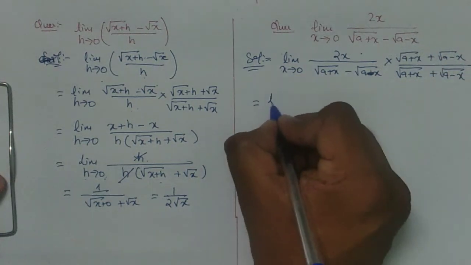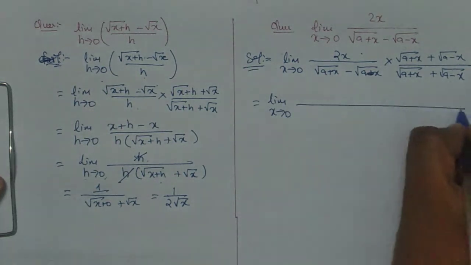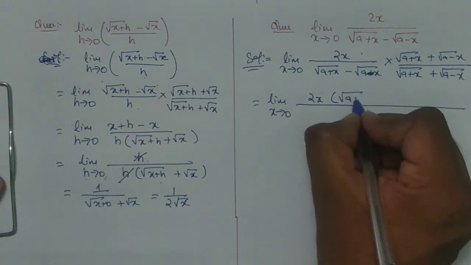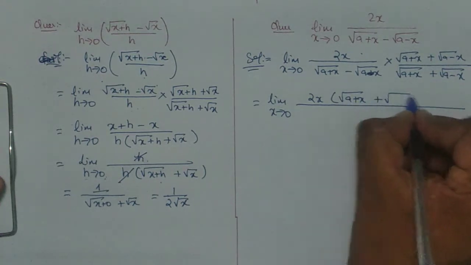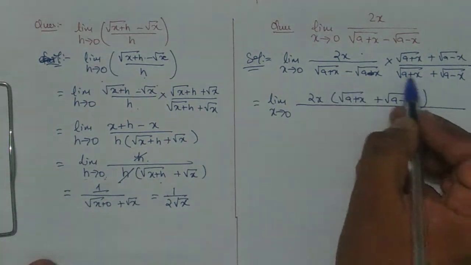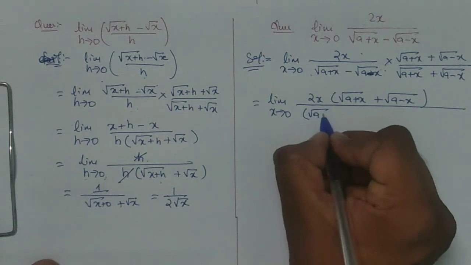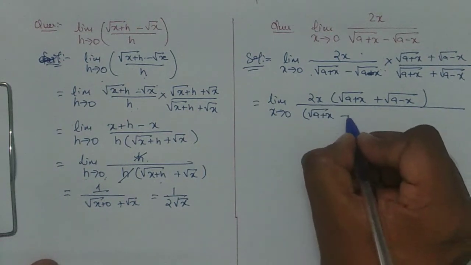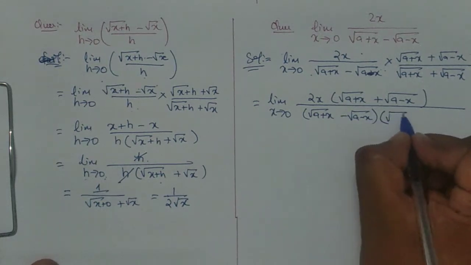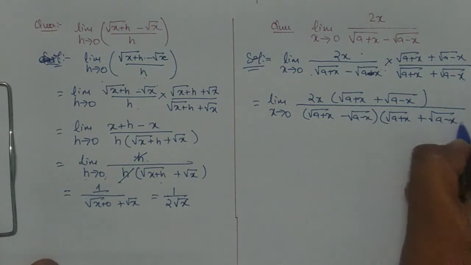So it will be equal to limit x tends to 0, 2x into root a plus x plus root a minus x. Now see, when we multiply them, root a plus x minus root a minus x into root a plus x plus root a minus x.